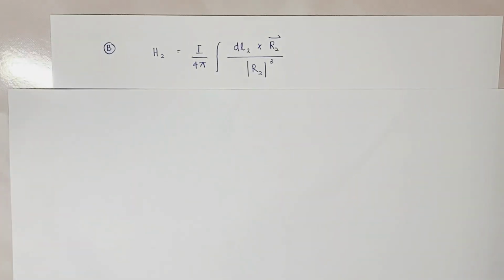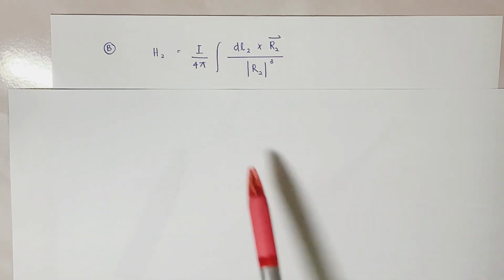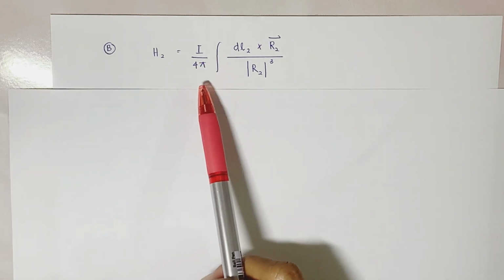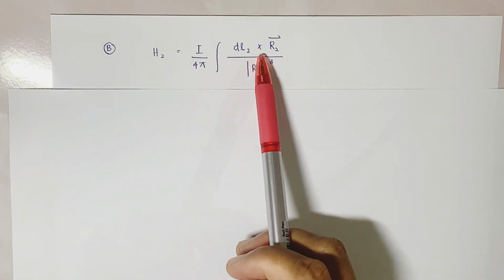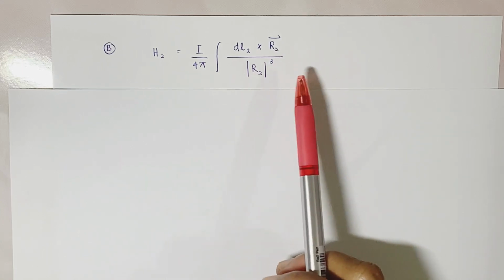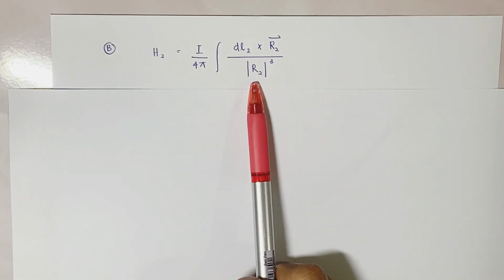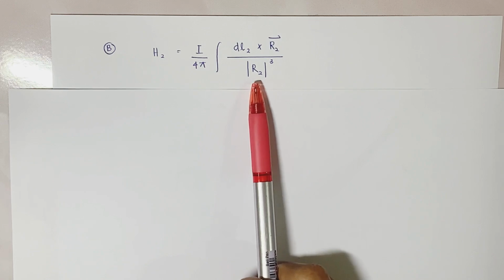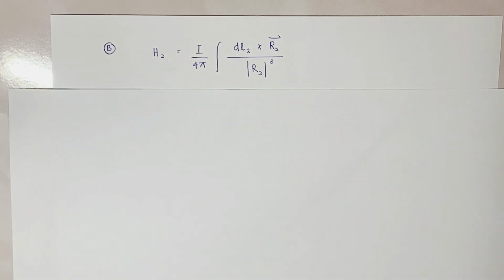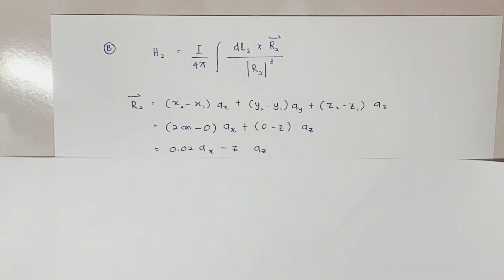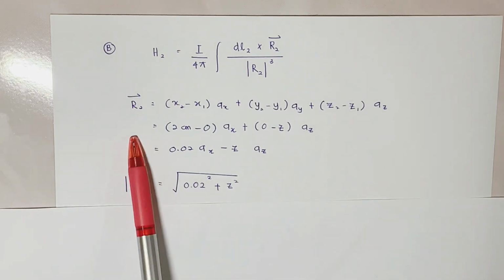So H2 is current over 4 pi, integration of dL2 cross r2, vector r2 over magnitude of r2 cubed. Now we need to find the vector r2.